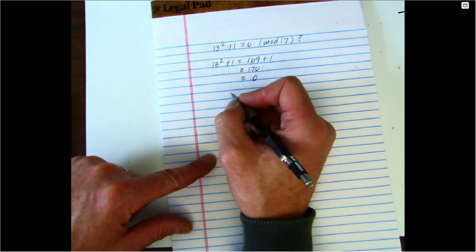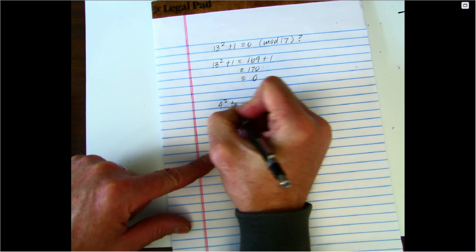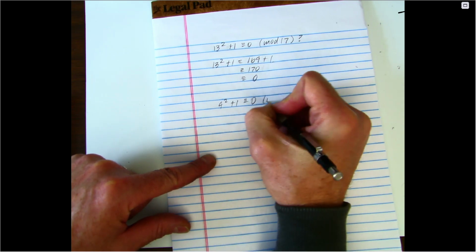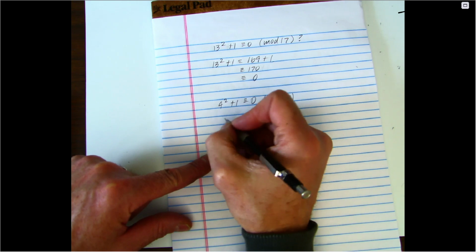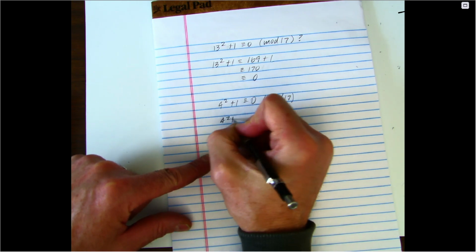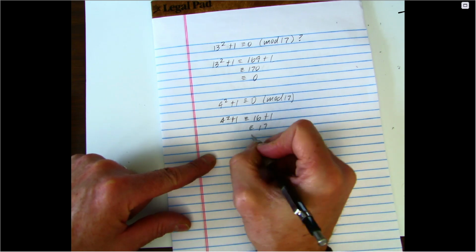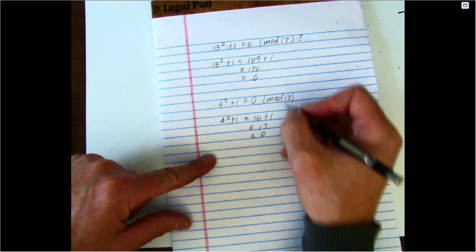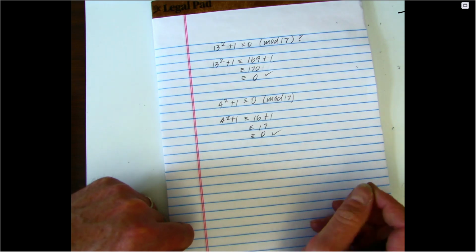And 4 was the other one. 4 squared plus 1 is 16 plus 1, which is 17, which is of course 0. So indeed, our method has worked, and it's actually found our solutions for us.